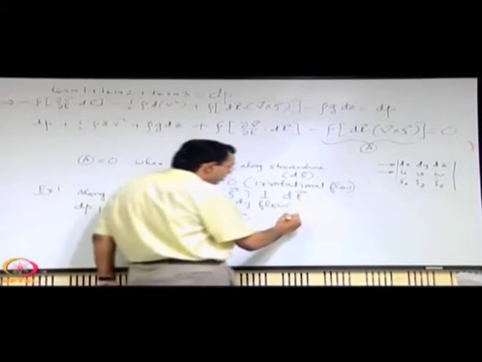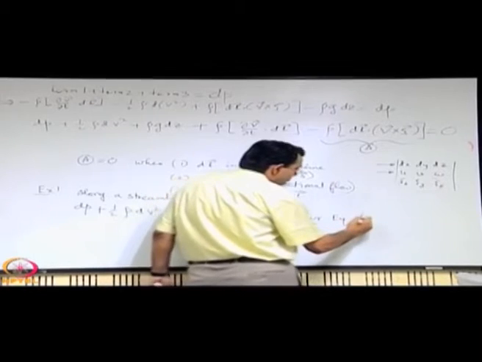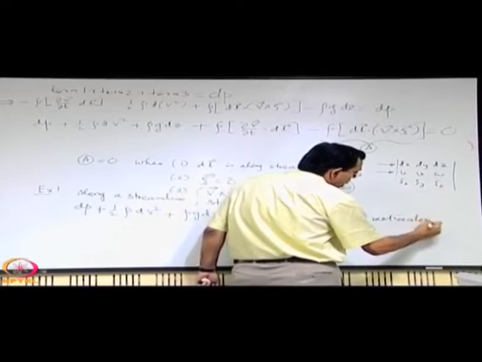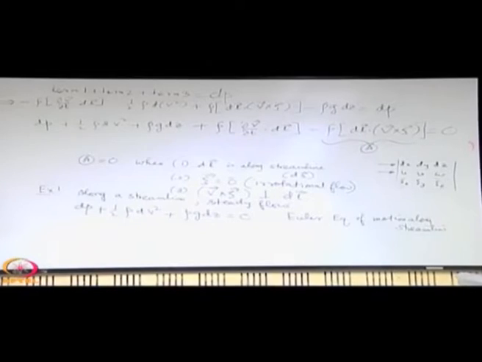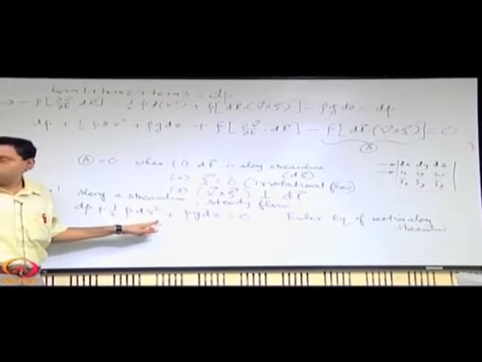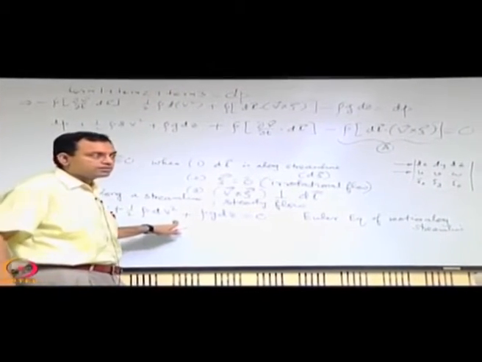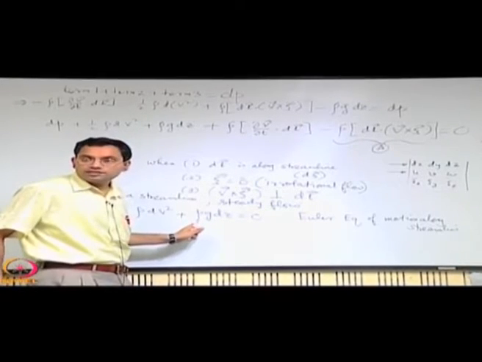This is known as the Euler equation of motion along a streamline. Now this is valid both for compressible as well as incompressible flows. You are not yet committed to how the density changes.